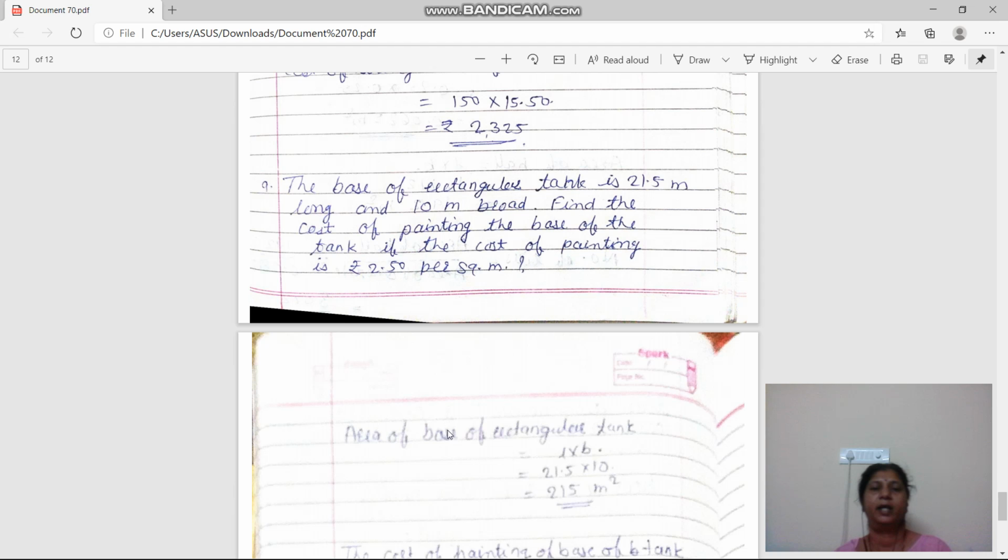Now here the base is in rectangular form, right? So first we have to calculate the area of base of the rectangular tank. So see here, L into B, that is 21.5 multiplied by 10, we get 215 meter square.